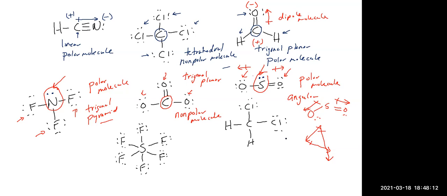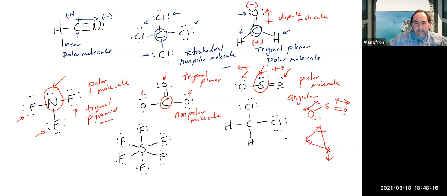Other questions? Okay. So let's see. We got that. We'll come over here again. We look at the central atom. We see no dots. I won't draw the 6 arrows, but we see everything the same on the outside. And again, that's going to lead us to symmetrical geometries. This is obviously octahedral in terms of the geometry, and it would be a nonpolar molecule.